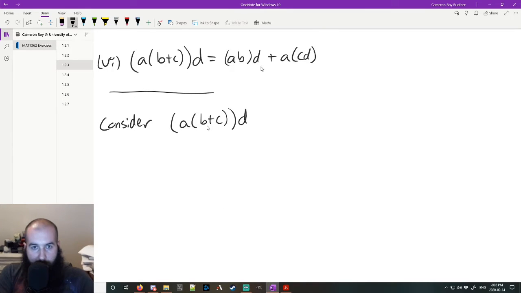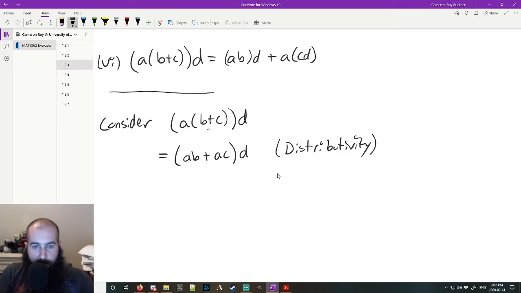Now, this A is multiplied by the B, and it also is sort of multiplied by C over here. So we would like to apply distributivity to make that happen. So let's apply distributivity within these brackets to get AB plus AC times D. That's by distributivity. We would also like to distribute the D, but distributivity, the axiom, literally only distributes from the left.